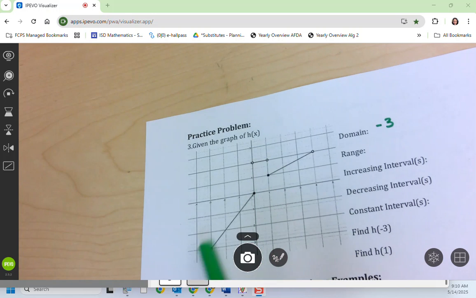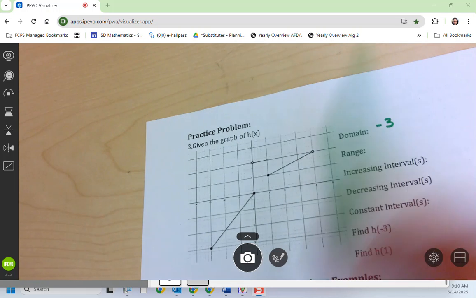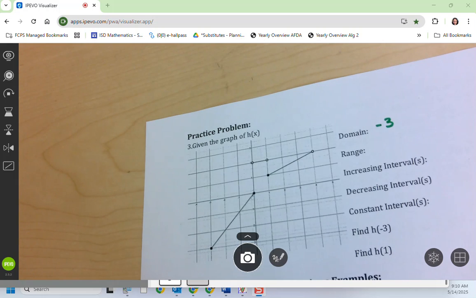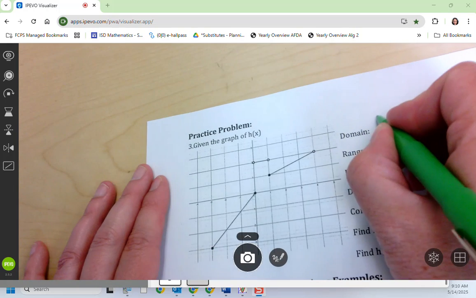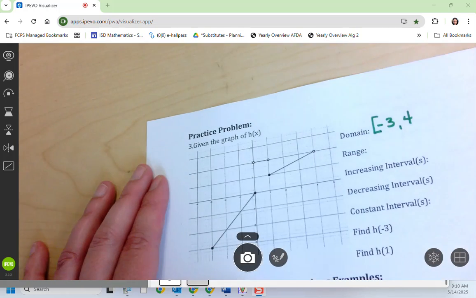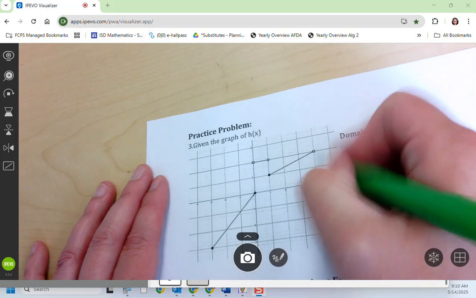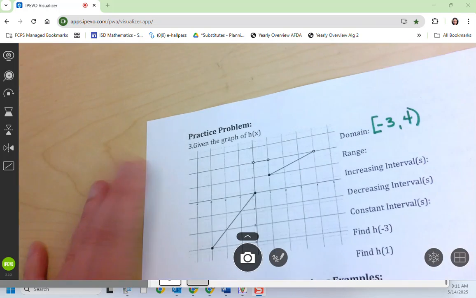So we left no x values out, so my domain was -3 to what number at the end? 4, good. The -3 is a filled in dot, which includes -3, so we put the square bracket, and then we don't include 4, so we put the parentheses.